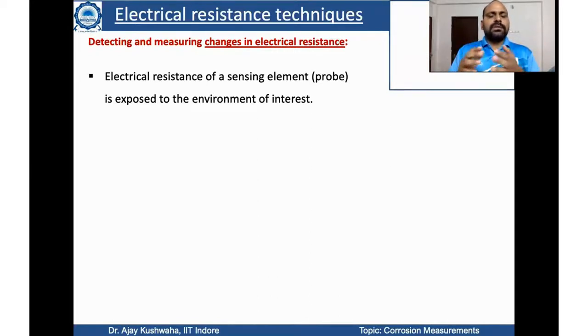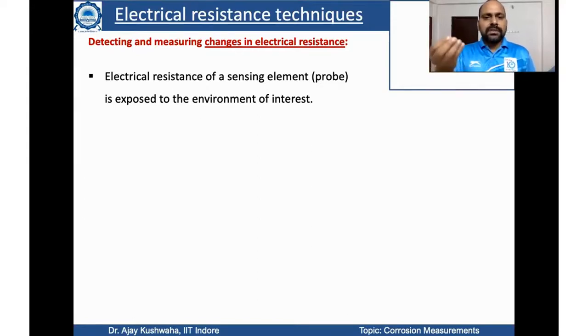So if we can measure that change in the electrical resistance, then we can have an idea what kind of degradation in the material is happening. The electrical resistance of a sensing element or probe is exposed to the environment of interest. So let's say we are interested to investigate how a metal is going to degrade in a particular environment.